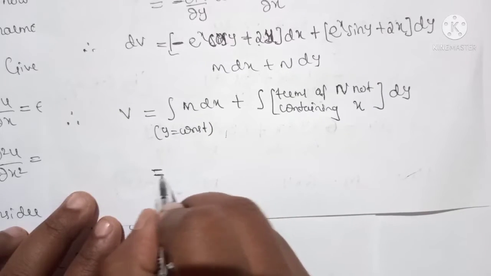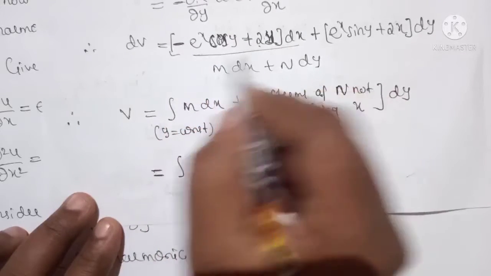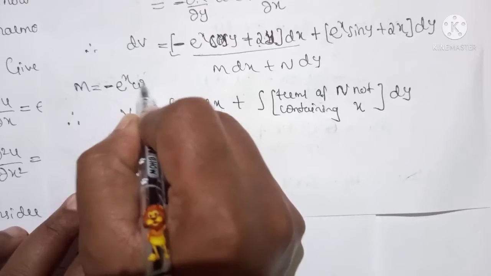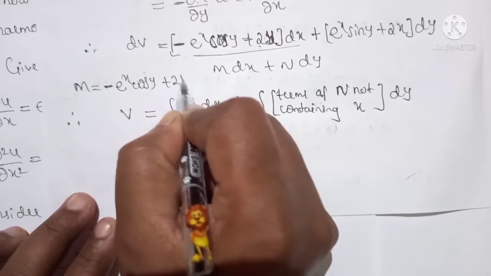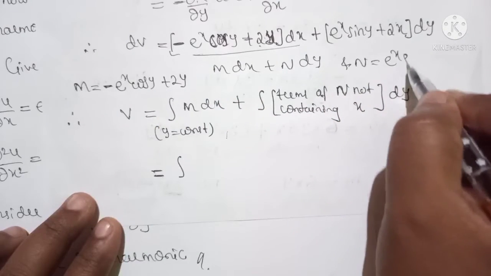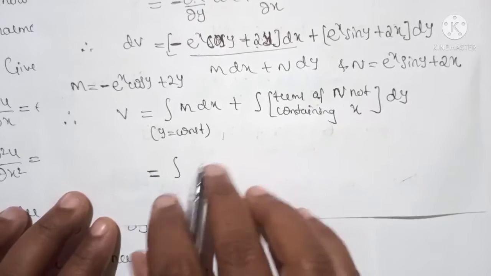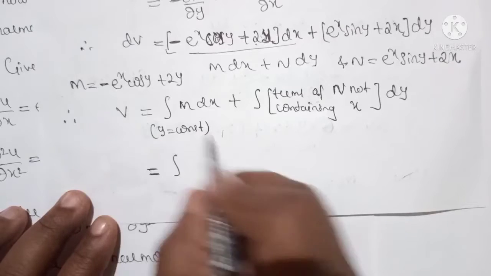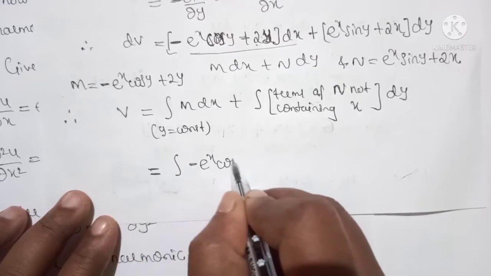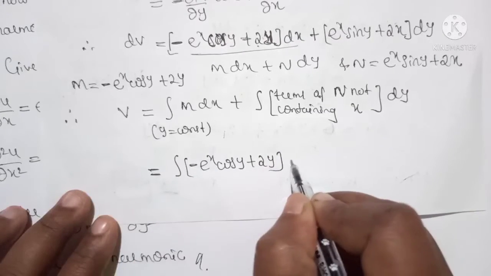So those are integrations. M means this completely, you can write here M is equals to minus e raised to x cos y plus 2y, and N is equals to e raised to x sin y plus 2x. So that will be easy for you. Okay, so first we write terms of M all, minus e raised to x cos y plus 2y into dx.